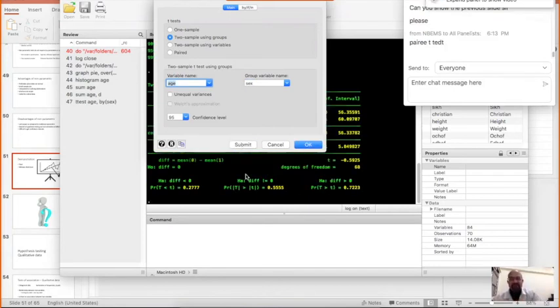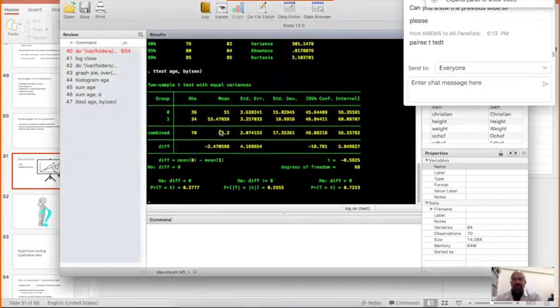And we get it in the background in the results window. It tells us that the mean of men, which were called 0, is 51 years, and the mean of women, which were called 1, is 53 years. So if you see broadly, there is a difference of 2 years, 2.5 years between the men and the women.